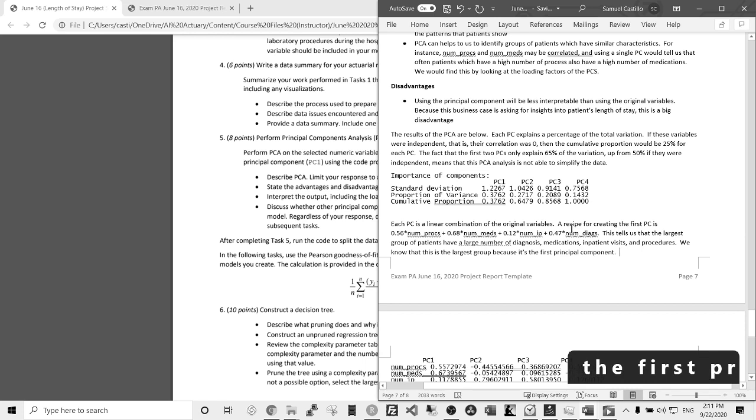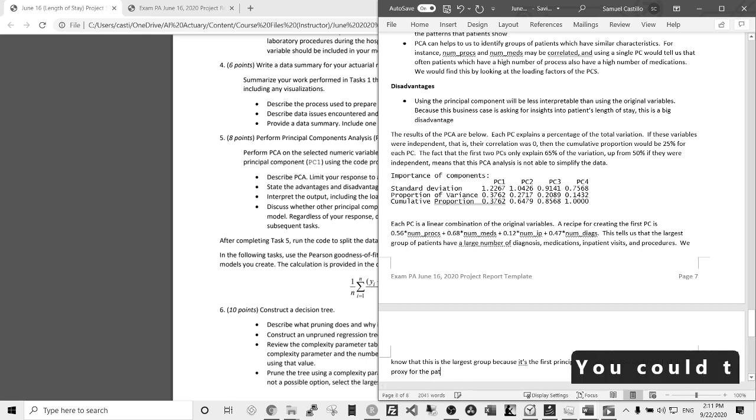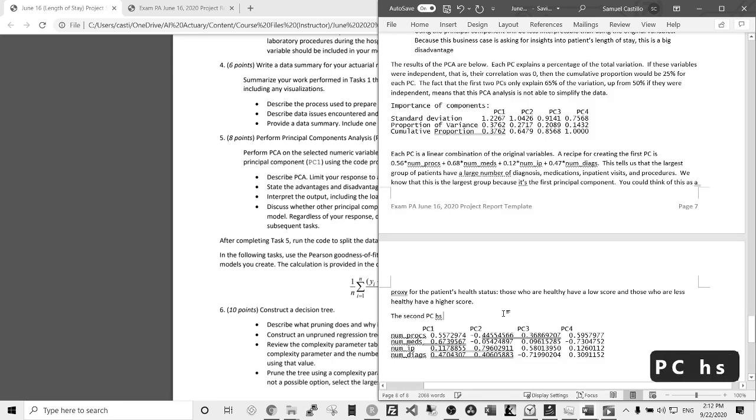So you can think of this as a proxy for the patient's health status. So those who are healthy have a low score, and those who are less healthy have a higher score. The second principal component has a negative sign on procedures and medications, but a positive sign on inpatient visits and diagnoses.